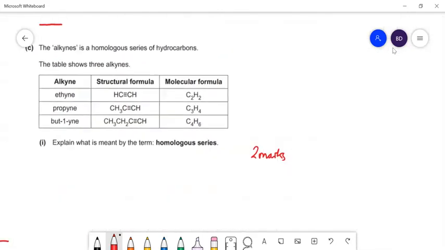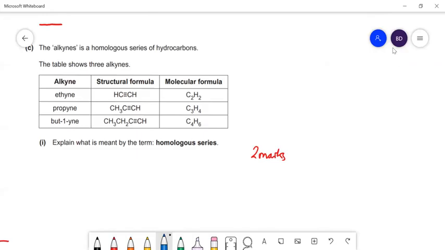Okay, the alkynes are a homologous series of hydrocarbons. The table shows 3 alkynes there. So you've got a carbon-carbon triple bond there. Explain what is meant by the term homologous series. OCR are pretty keen on this, and if you look in the mark scheme, it always says this.